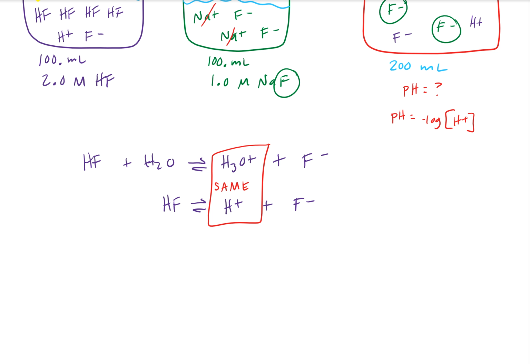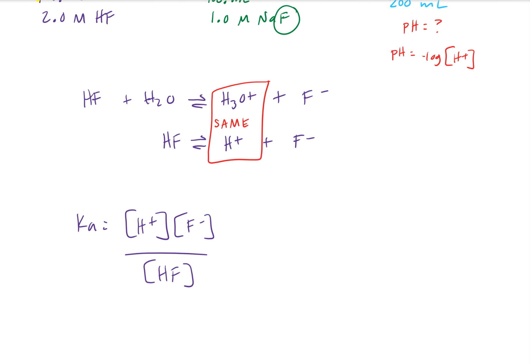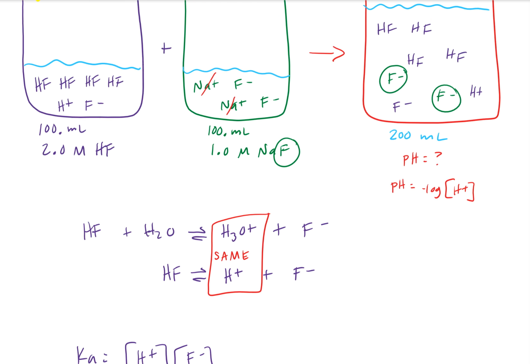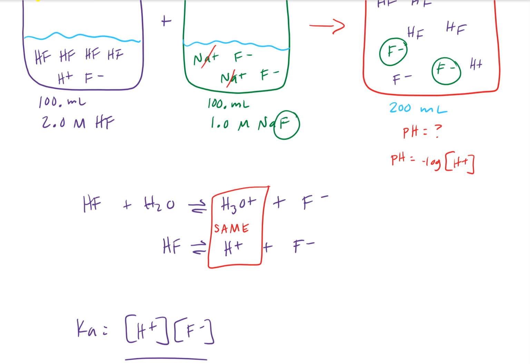So what do we have here? We have the weak acid dissociation equation, which I can write as my Ka expression. And now I need to plug in all the numbers. I know the Ka, that was given to me. It is 7.2 times 10 to the negative 4.